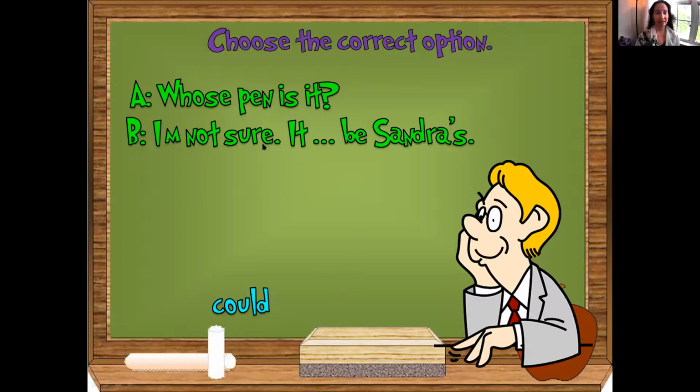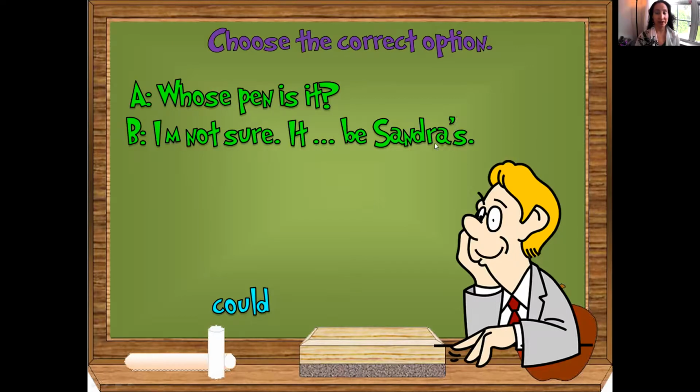Okay? Now here's another one. I always expect you to catch any mistakes or anything. Remember, proofing, editing, very important. Now remember, here's the contraction. What's missing here in the contraction? Look, Sandra's.